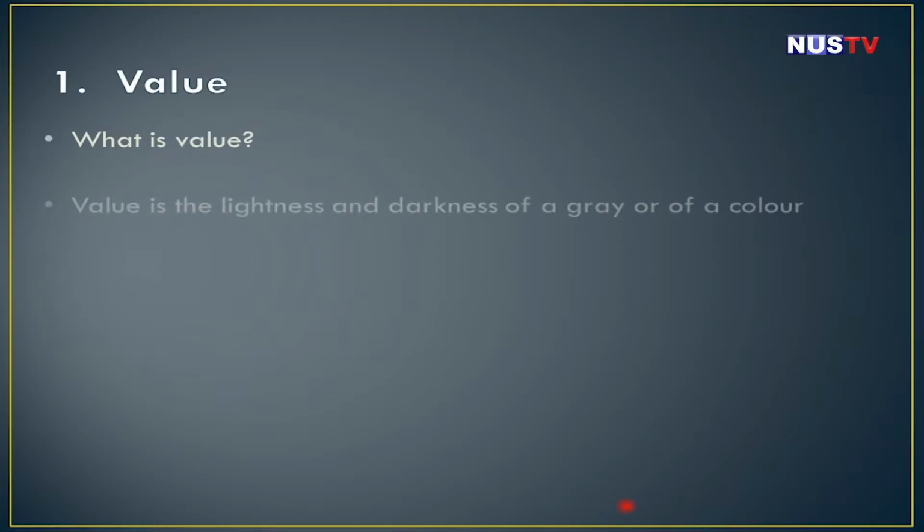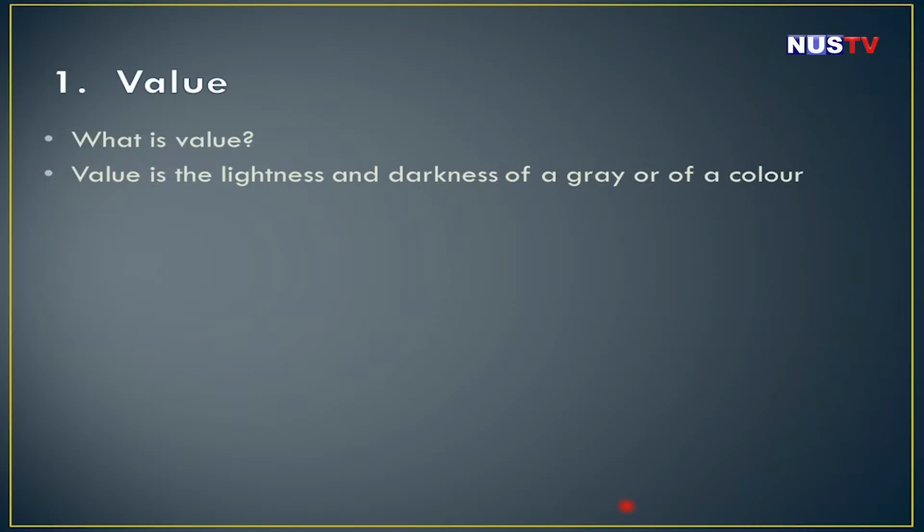There are many ways or techniques used by artists to balance their work. One of them is value. What is value? Value is the lightness and darkness of a gray or a color.